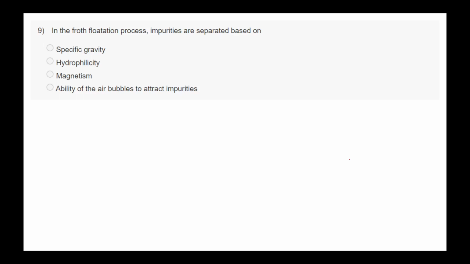What is specific gravity? You know the effect of gravity?